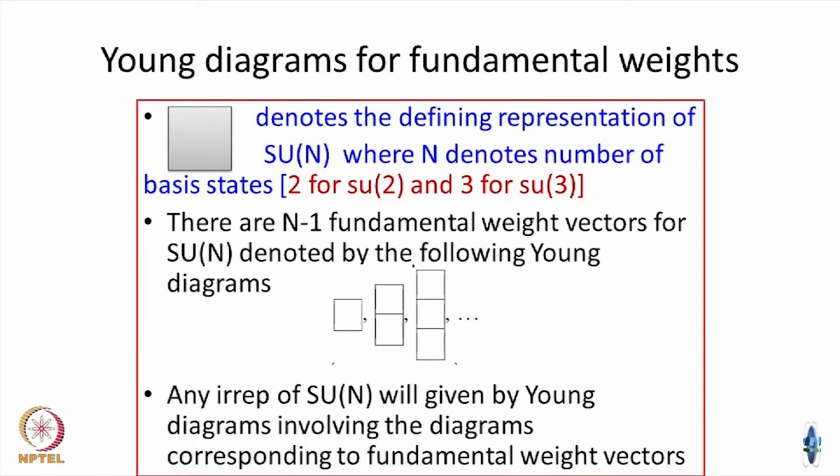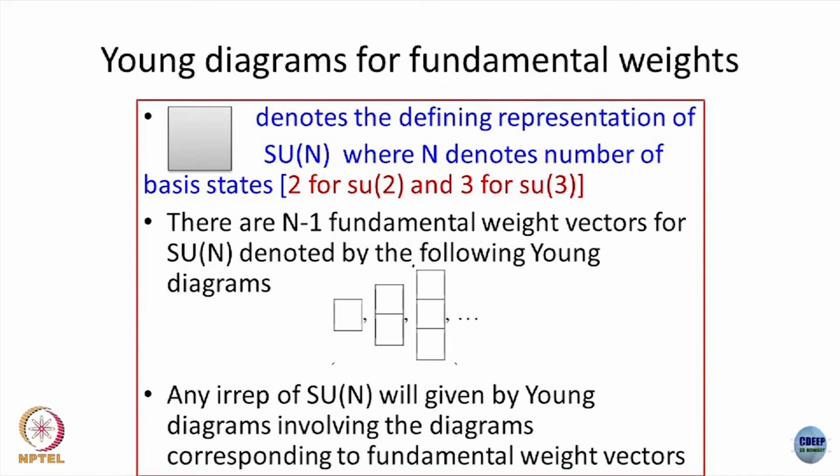Single box denotes the defining representation of SUN, where n denotes the number of basis states, that 1, 0, 0, you know that way of writing it, you can have n of them. 2 for SU2, 3 for SU3 and so on. There are n minus 1 fundamental weights. I illustrated for SU3 that there are 2 fundamental weights. In principle you can find for SUN n minus 1 fundamental weights.